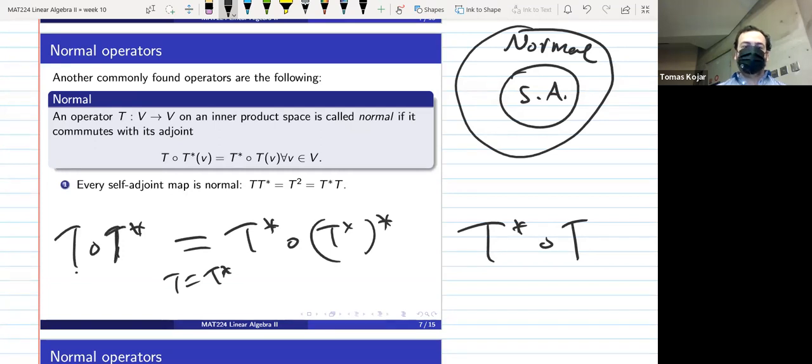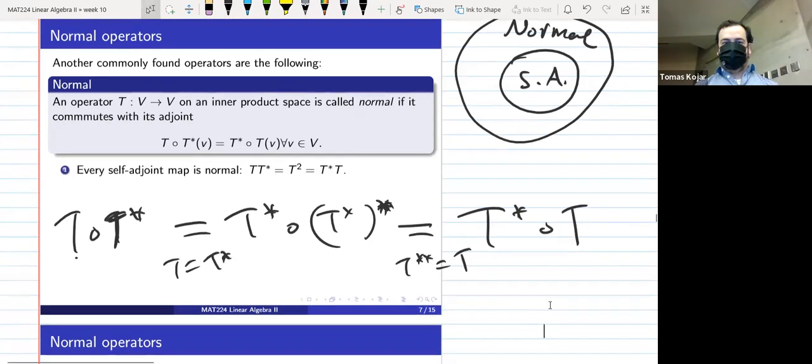Because T is T star, you put it, there's another T star up here. And then use that T double star is T. Okay, everybody happy? All right. No, it is that simple. I made it complicated.